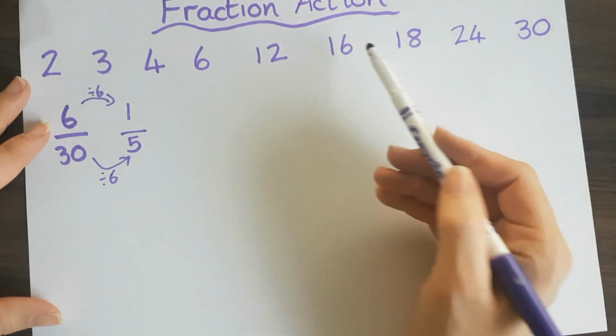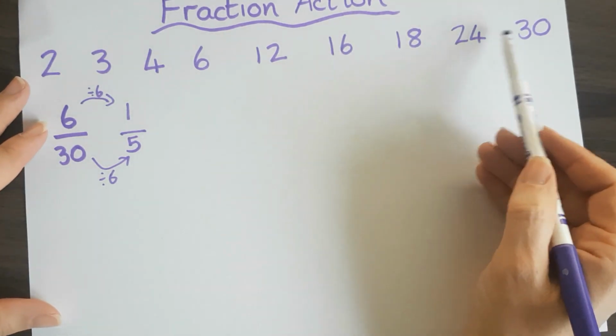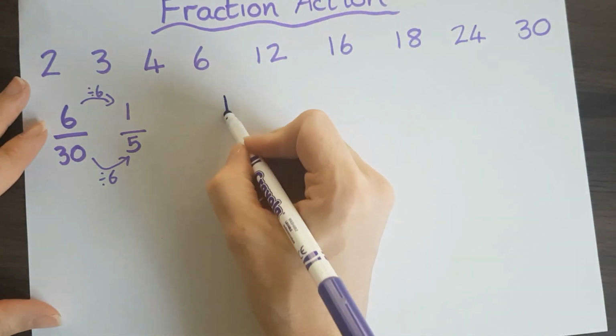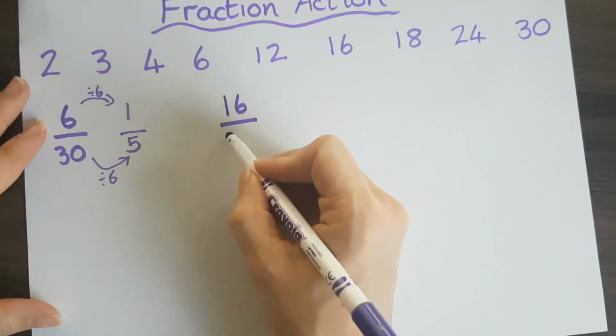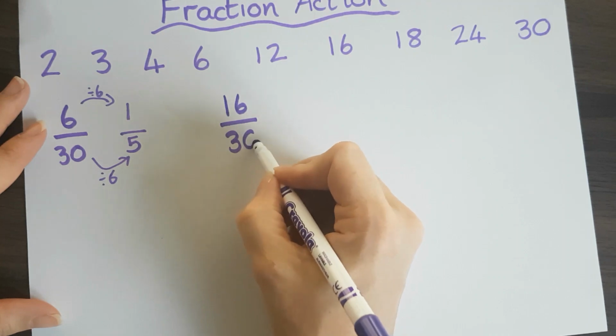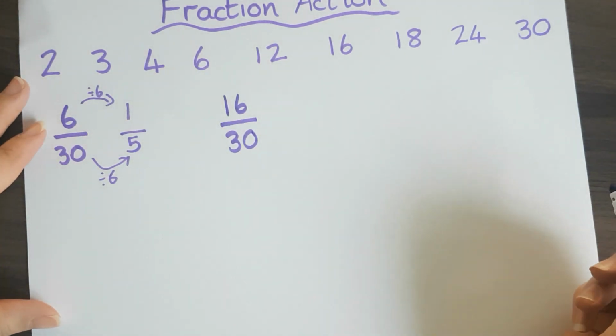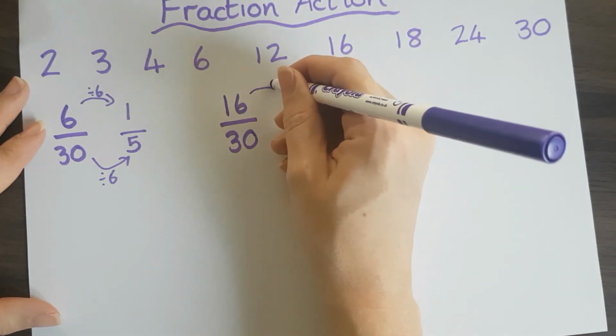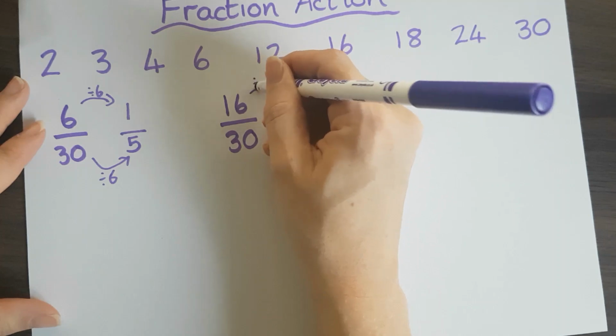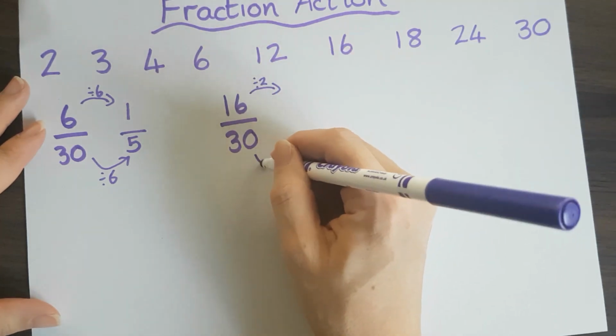Okay, let's do another one now. You could do something like 16 over 30. Now you have to think carefully about what these two numbers can be divided by, but if you're unsure, you can always just start by dividing by 2.